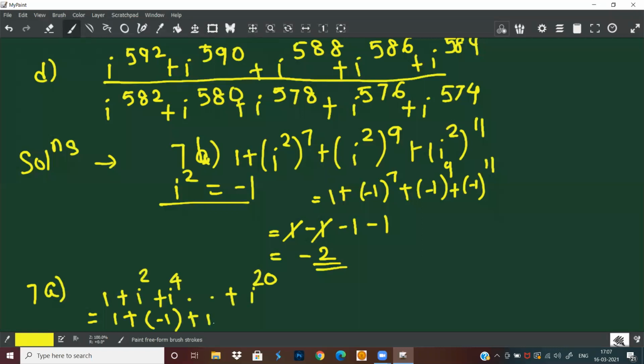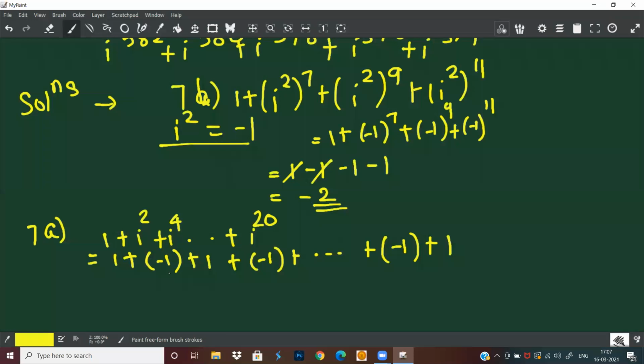I raised to 4 is this. Then yes, absolutely correct. I raised to 6 आएगा -1 and so on. So first term, second term, third term, fourth term ऐसे करके I raised to 18 होगा -1, I raised to 20 होगा +1. Correct? Yes, answer is 1. Correct.